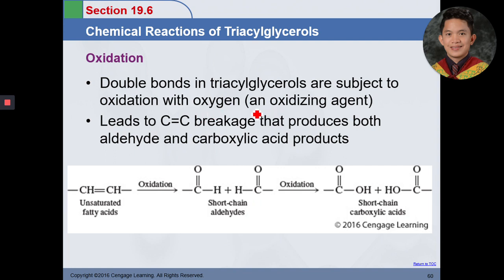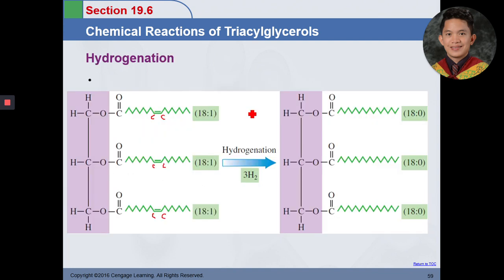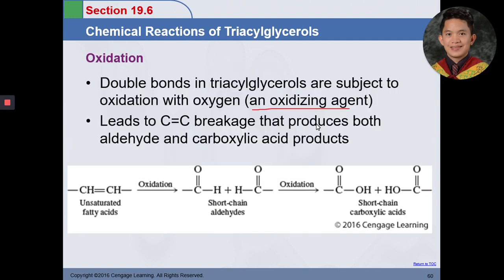In oxidation, adding oxygen would totally break the bond between these carbon atoms. Oxidation leads to the breakage of the double bond between the two carbon atoms, producing both aldehyde and carboxylic acid products.